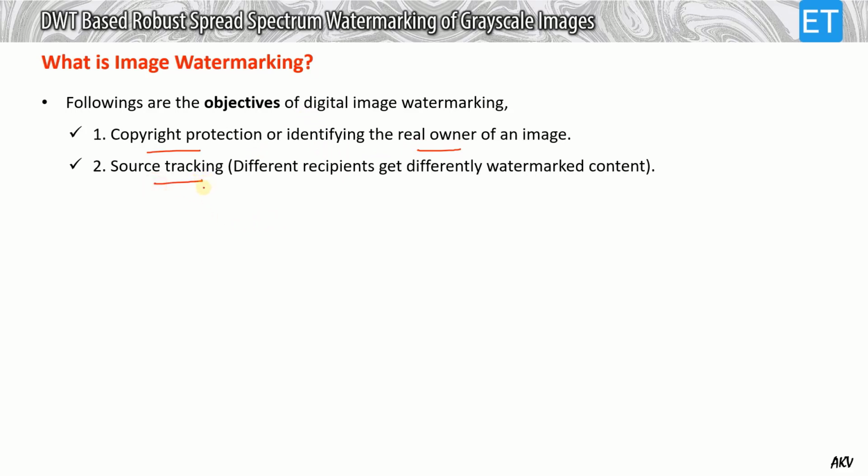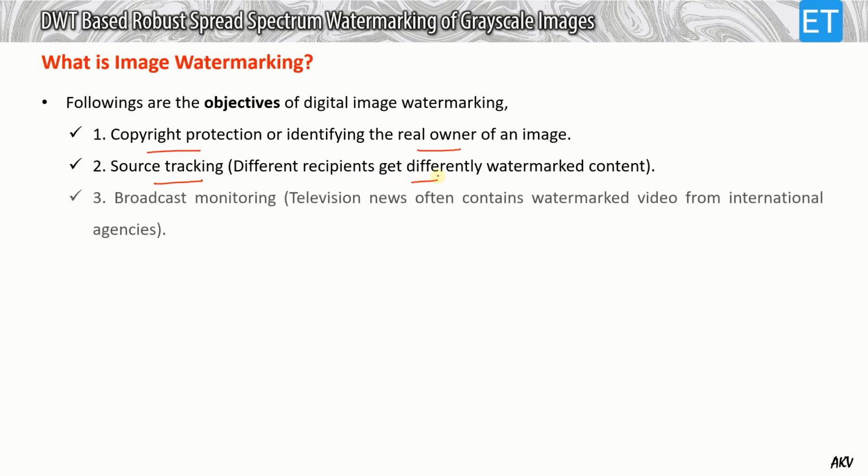This is quite interesting because we embed different watermarks to different sources, so we can identify a leaked media because we can recognize the corresponding watermark, and we can have an idea from which source this media is leaked. And the third one is broadcast monitoring. Television news often contains watermarked video from the international agencies.